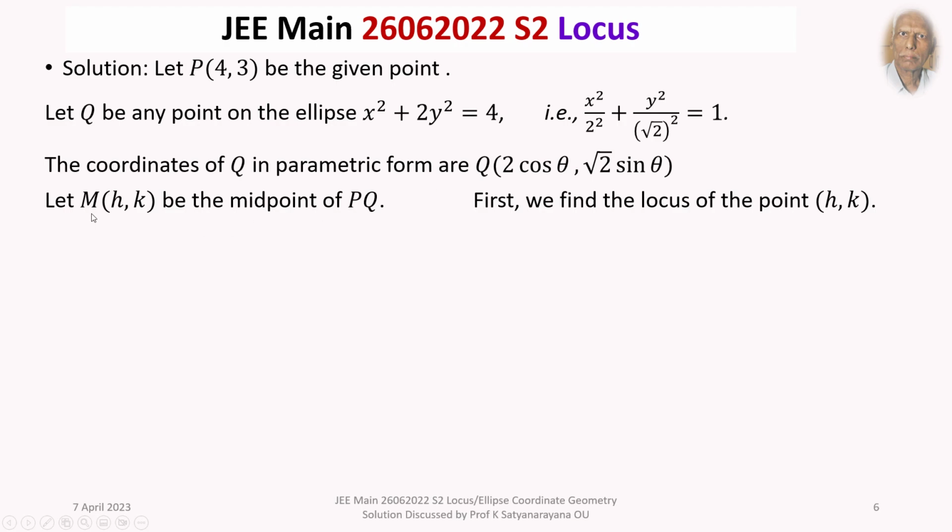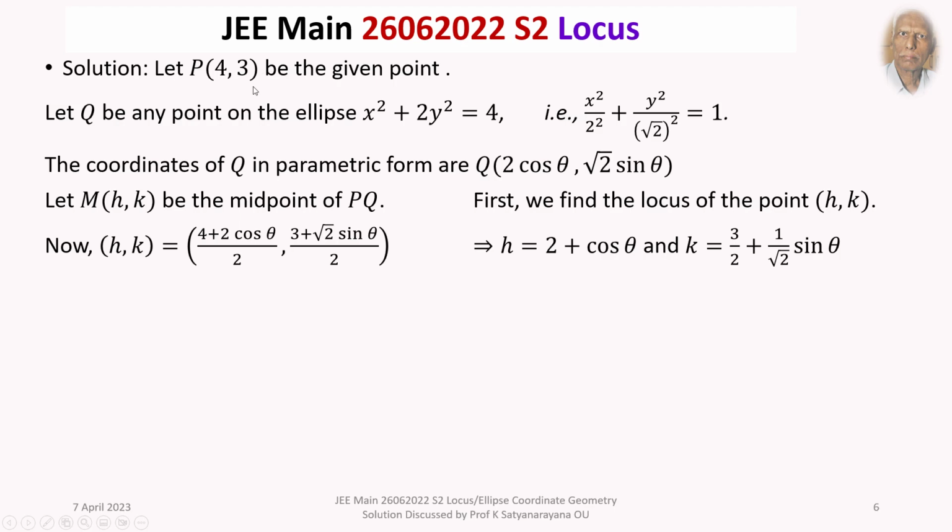So, let M with coordinates (h, k) be the midpoint of the line segment PQ. We first find the locus of this point (h, k). Now, (h, k) is equal to the midpoint of P (4, 3) and Q (2 cos theta, root 2 sin theta). Using the midpoint formula, (x1 plus x2) by 2, (y1 plus y2) by 2, we get ((4 plus 2 cos theta) by 2, (3 plus root 2 sin theta) by 2).